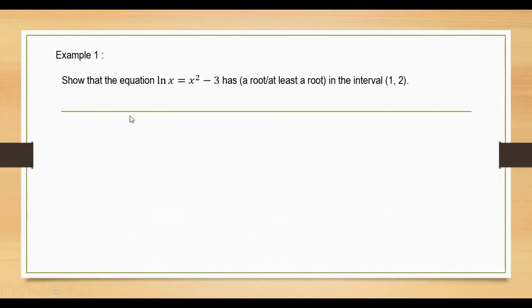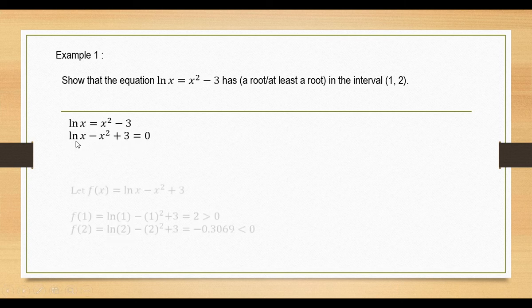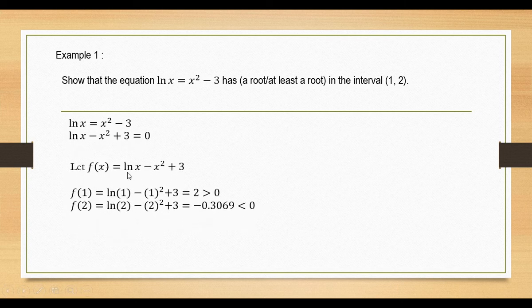Okay, look at example 1. Show that the equation ln x equals x squared minus 3 has a root, or at least a root, in the interval (1, 2). So we rearrange the equation and let f(x) equals ln x minus x squared plus 3. We substitute 1 into this equation, then we get 2, greater than 0.